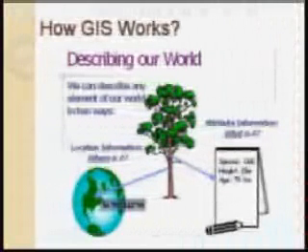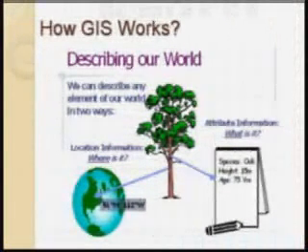Let us talk about how you bring information into a GIS in the form of a theme. Suppose there is a location where a tree is there, and you want to bring that tree into a GIS theme, a GIS layer.